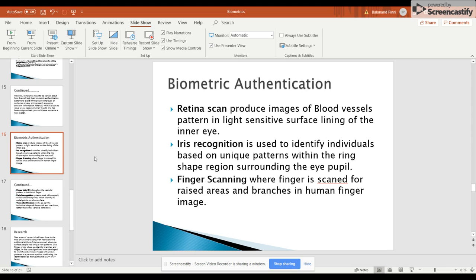Biometric authentication is done through various methods. One is called retinal scan, which images the blood vessel pattern on the light sensitive surface lining the inner eye. Then iris recognition, where you look at the ring shaped region around the pupil. Then finger scanning, where the finger is scanned for raised areas or branches in the human finger image.